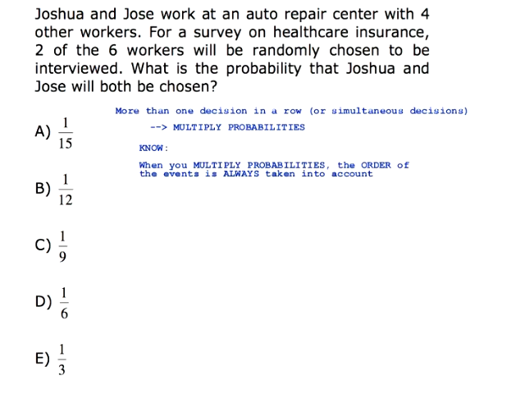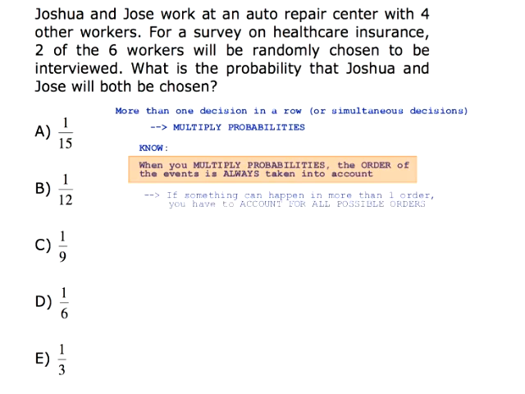You can't really multiply probabilities together in a way that doesn't do that. So if you have some situation where there are multiple orders possible, it means you have to account for all of them, is what that means. So if something can happen in more than one order, you have to account for all possible orders when you do that.